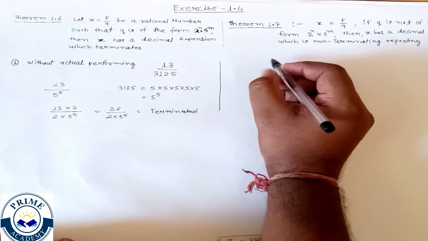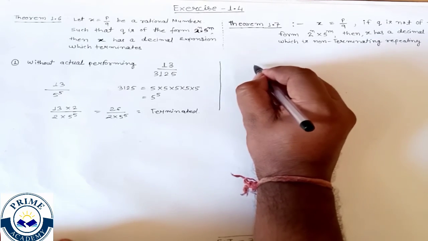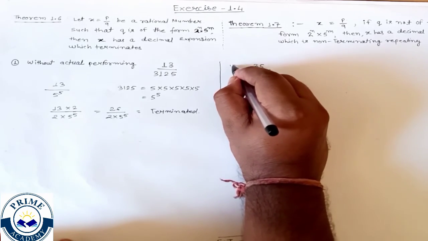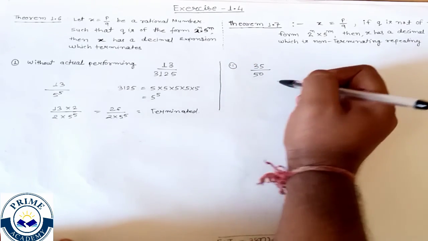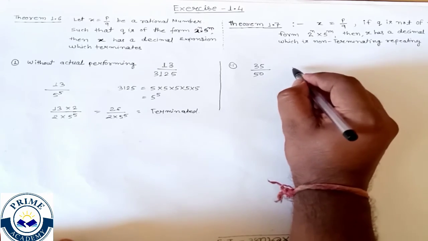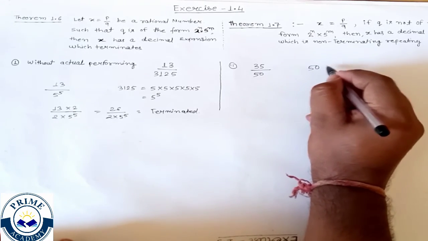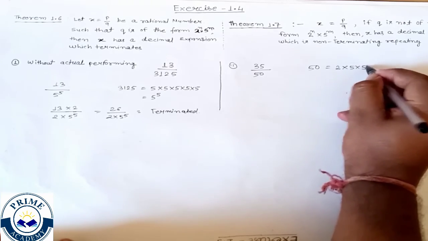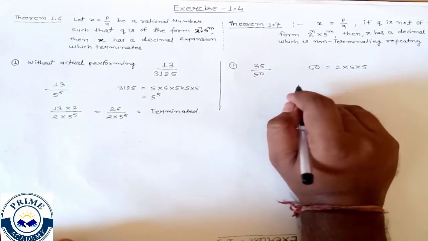Suppose here it is given 35 upon 50. So we have to check whether this is terminated or not, right? Whenever we factorize this 50, you will get 2 into 5 into 5, right? So this is the factorization of 50.